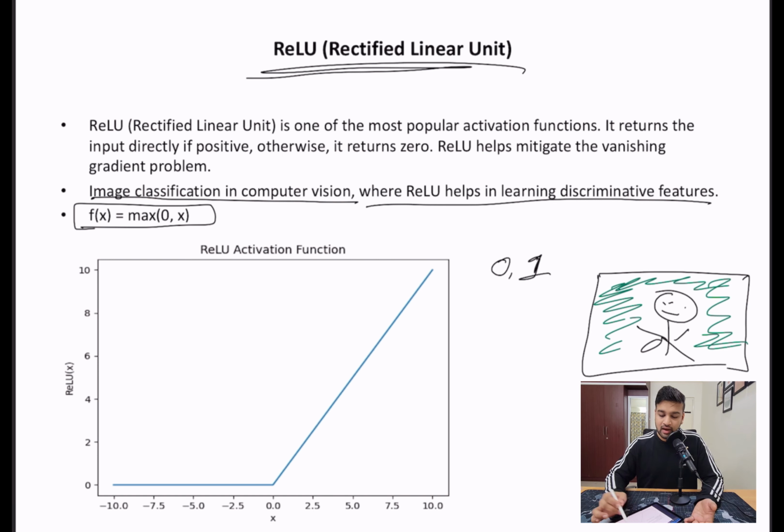ReLU will make the neurons hitting this part of the convolution 0, and for convolutions hitting the area where there is an actual object, the neurons will fire, right? So that is why the 0 and 1 combination works, and this has been very helpful for computer vision tasks.